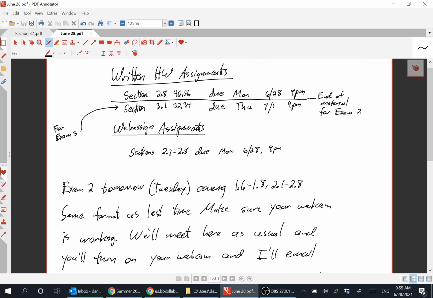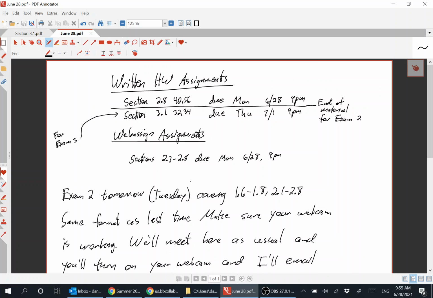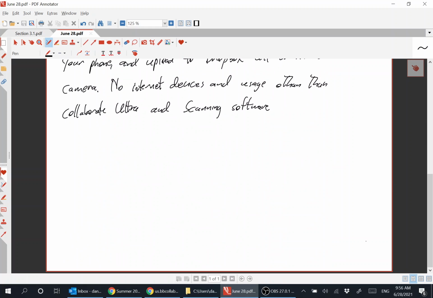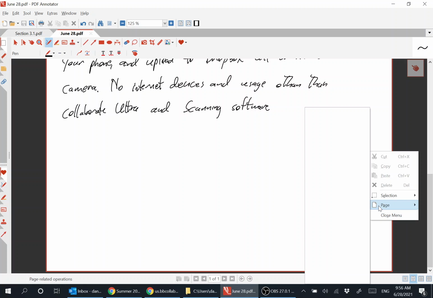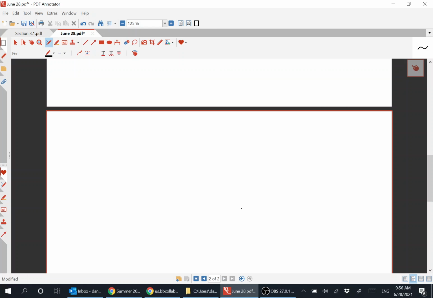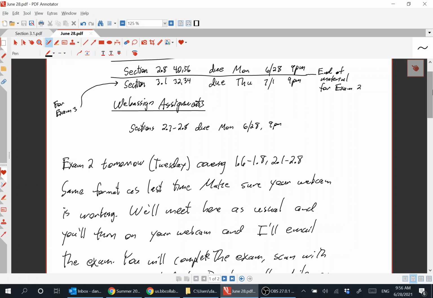So I want to go over questions at this point. We can start going over some of the problems in section 2.8. Actually, why don't we do a few of those first, and then we'll review. Let's do a couple problems in section 2.8, just so we know what to expect for handing in this evening.